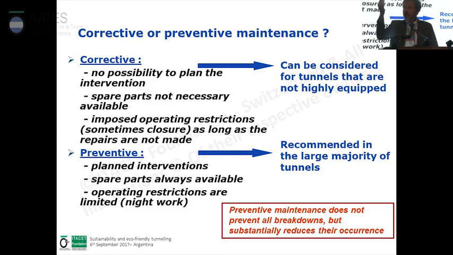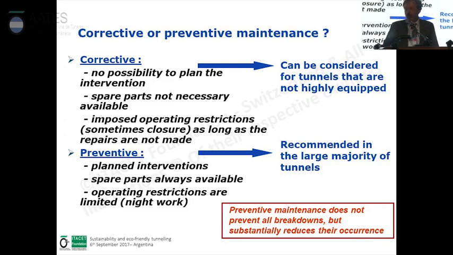You can have a problem, but no spare parts, nothing available, and so it will require time to remove the equipment, because you have to find the spare part, you have to install it, you have to find the people. So corrective can be considered pertinent only for very basic tunnels that are not highly equipped.